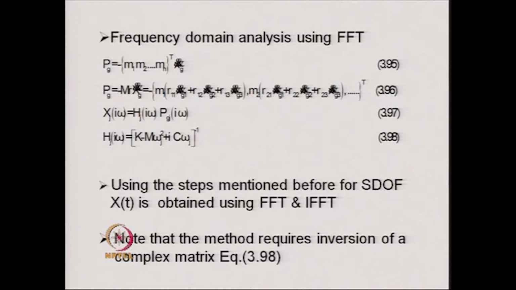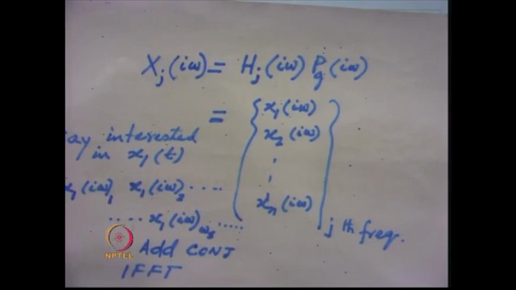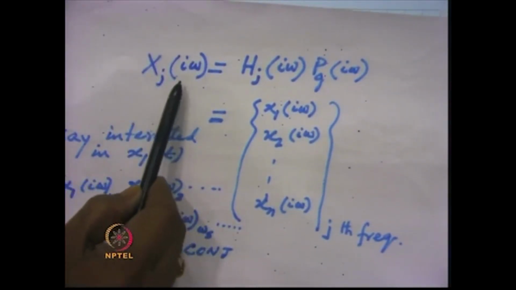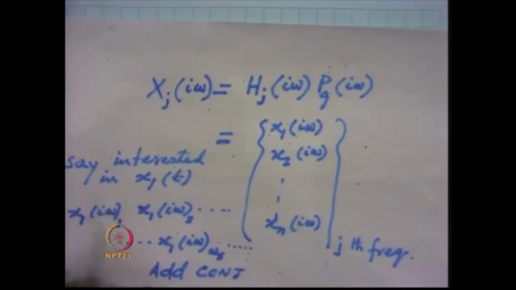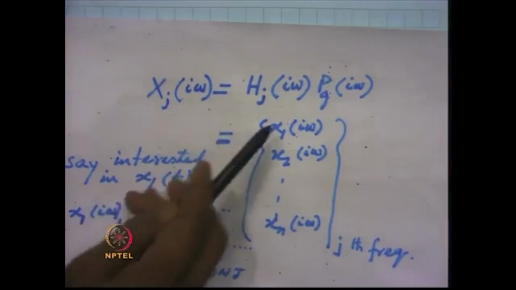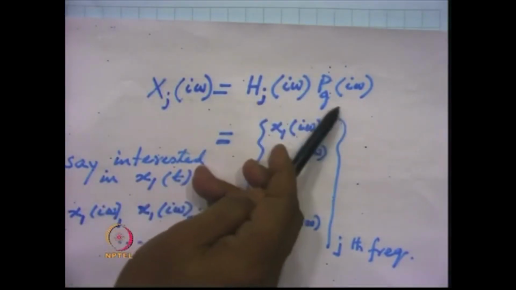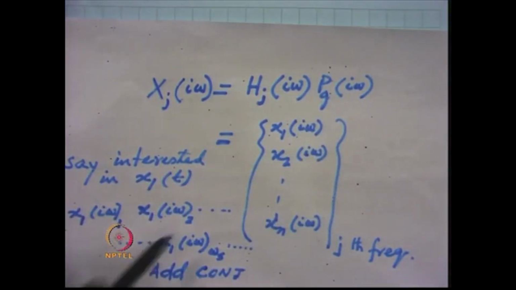We use this relationship, that is x j i omega, the frequency components of the responses, is related to the H j matrix and the P g i omega vector.